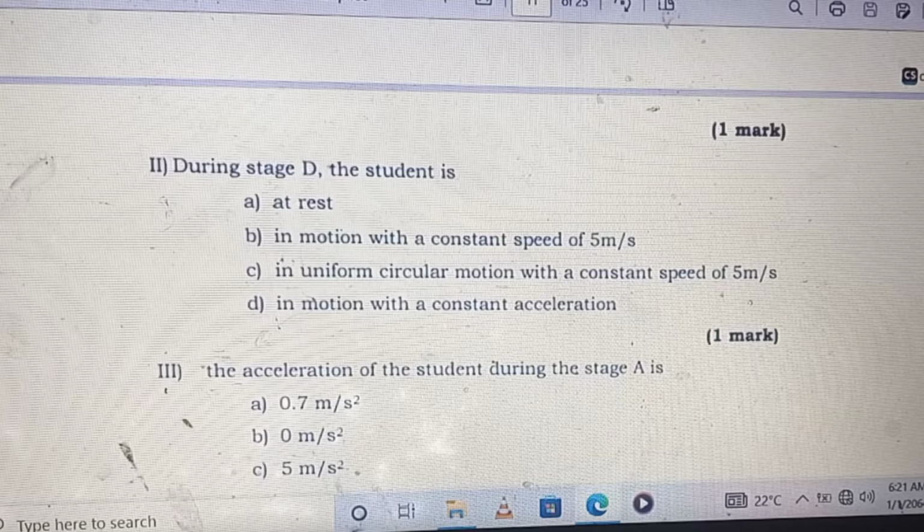I2. During stage D, the student is... The correct answer is at rest, option A.